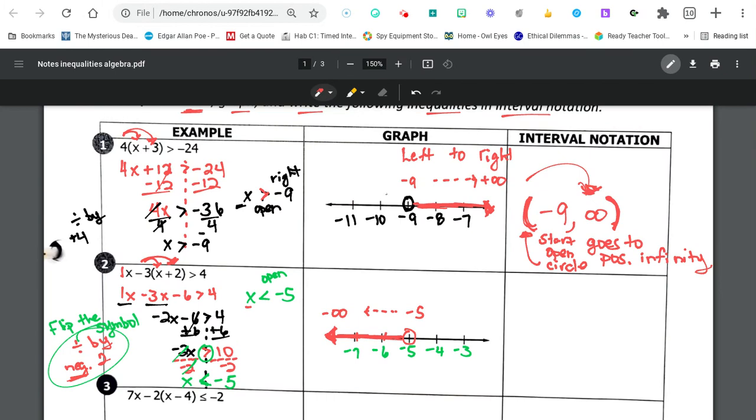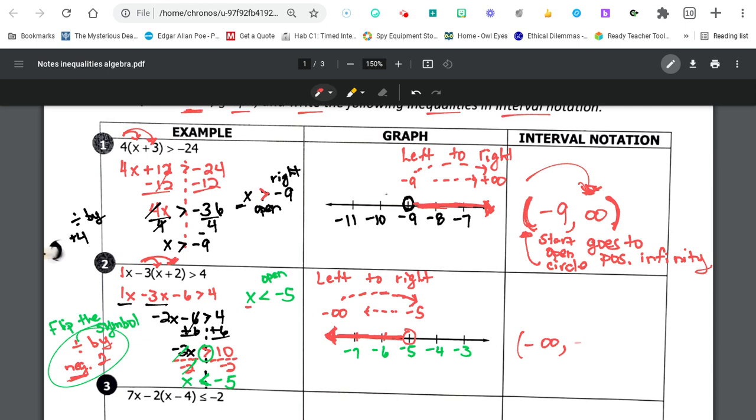Okay, so what's on the left here? On the left here is negative infinity. And we're writing it left to right. So we go from negative infinity to -5. This went from -9 to positive infinity, left to right. So you're going to start from left to right in interval notation. On the left was negative infinity. Anytime you write an infinity symbol, use parentheses.